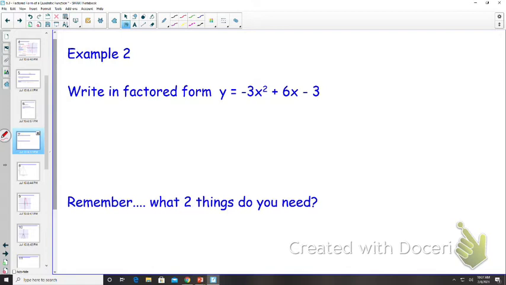So then we get a positive x squared, okay? So factored form, so y is equal to -3 bracket, okay? If we're taking a -3 out of -3x squared, we will be left with x squared. If we take -3 out of 6x, we will be left with -2x. And if we take a -3 out of a -3, we'll have a +1.